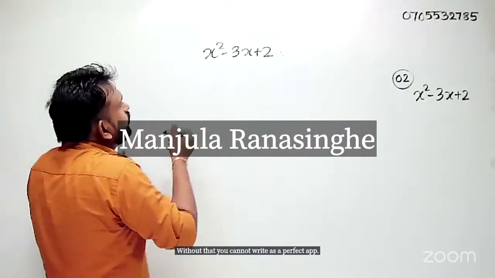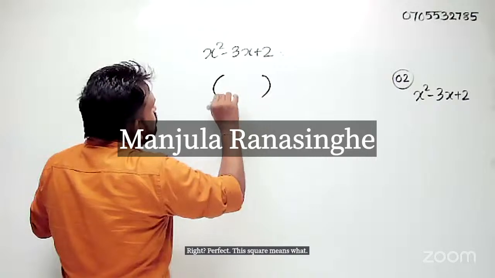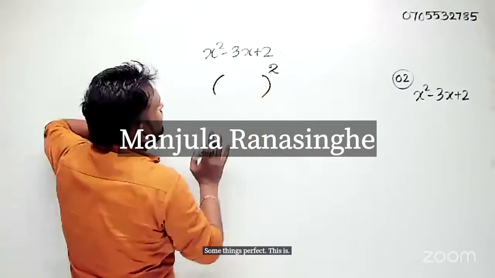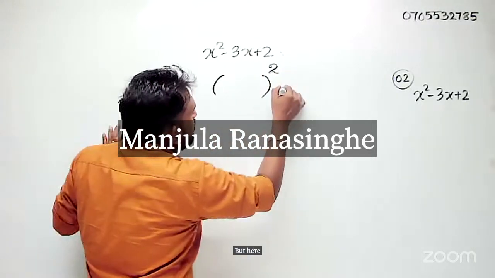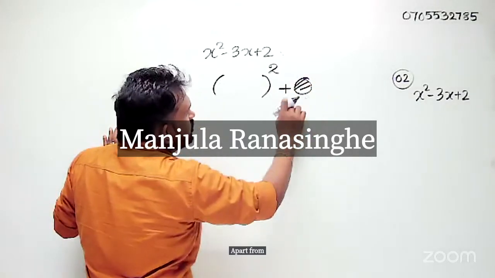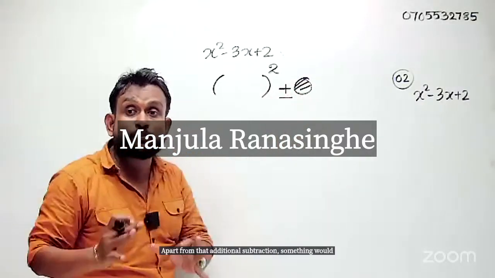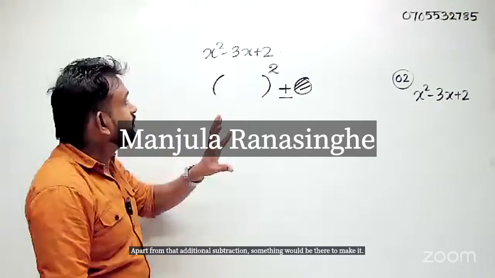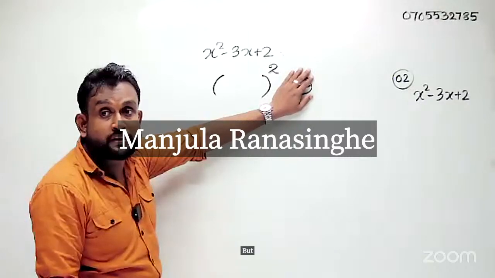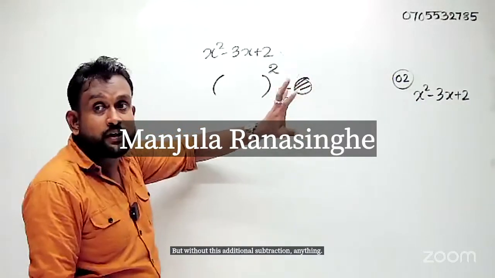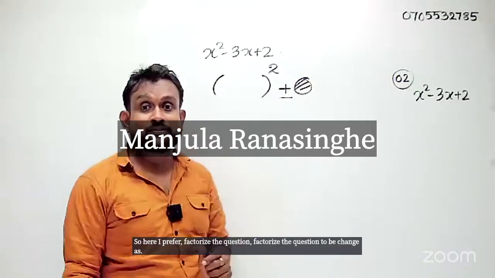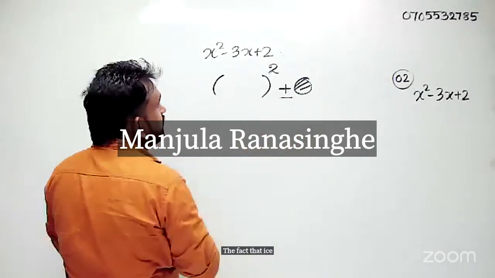Perfect square means something's whole square, but here you cannot write it that way, there would be some addition or subtraction term to make it. So I prefer to factorize the expression.